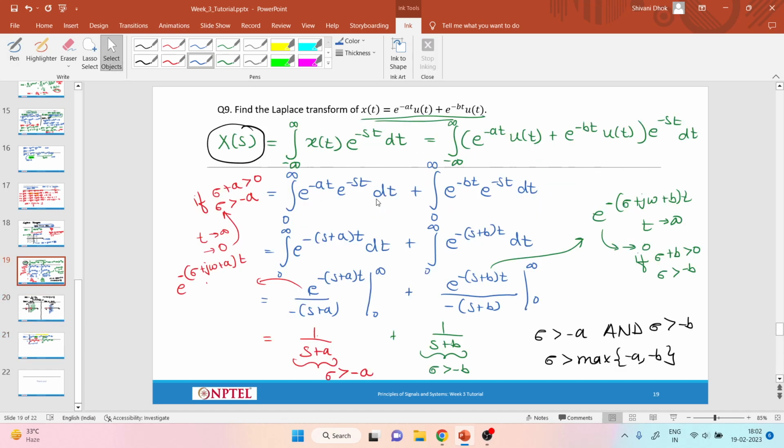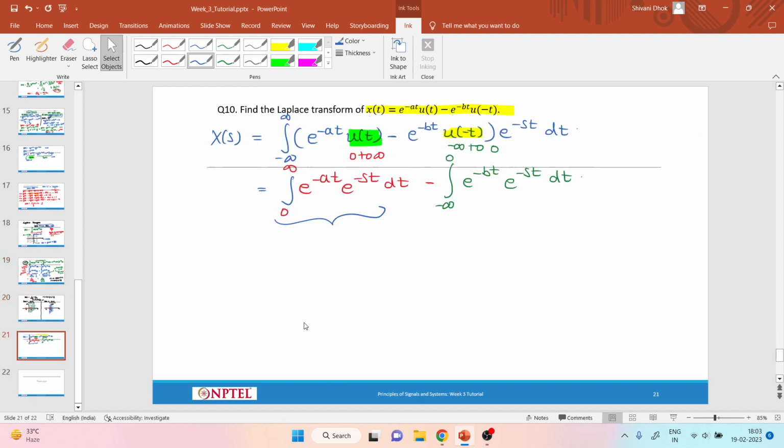It results in 1 upon s plus a, and this exists only when sigma is greater than minus a.